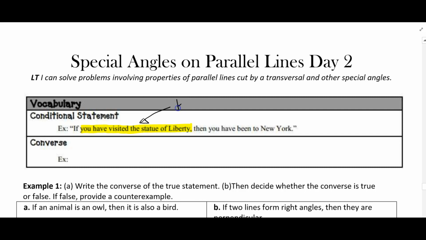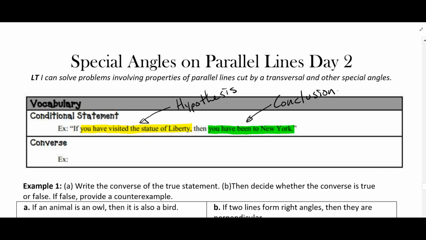We like to call this the hypothesis. Over here we have the stuff after the word then: you have been to New York. This is called our conclusion. So we have hypothesis, we have conclusion.